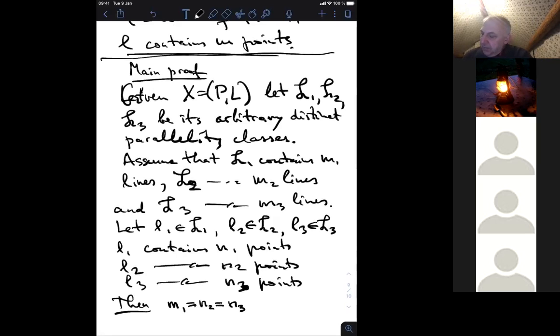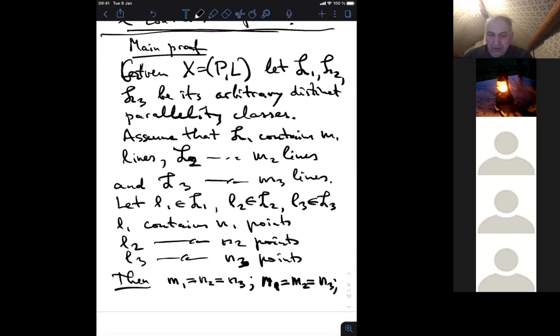If we do the same thing by choosing capital L2 instead of L1, we get n1 equals m2 equals n3.